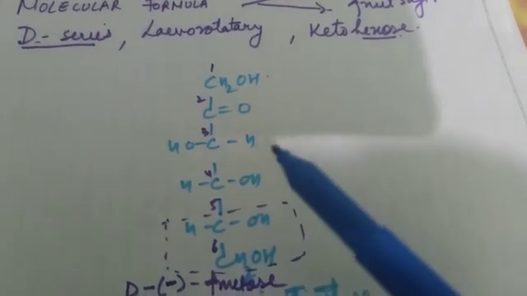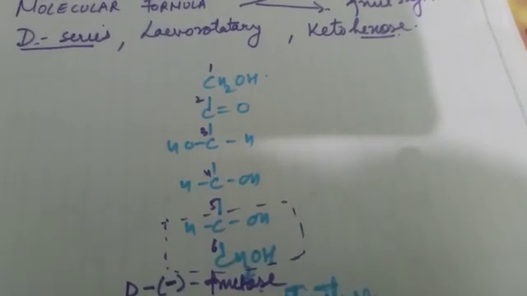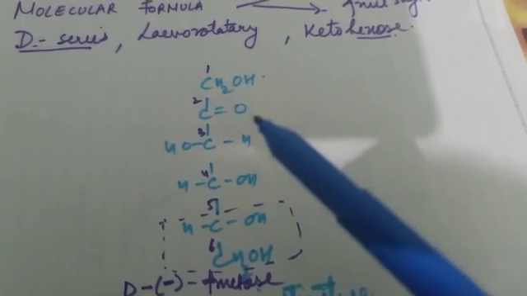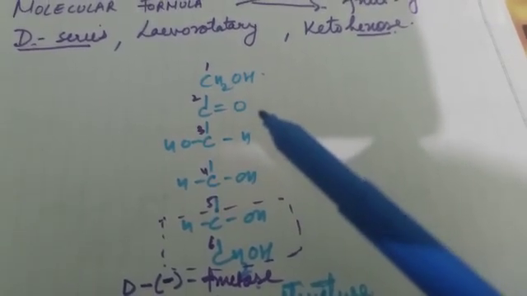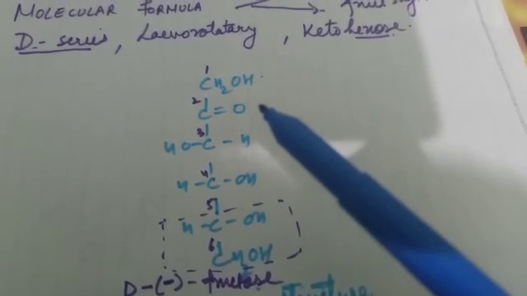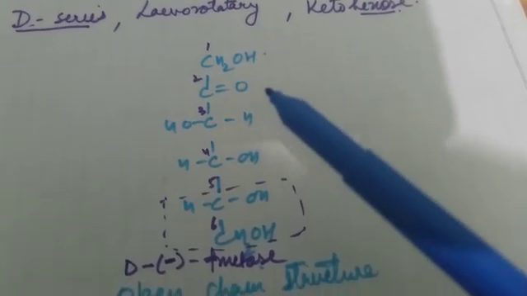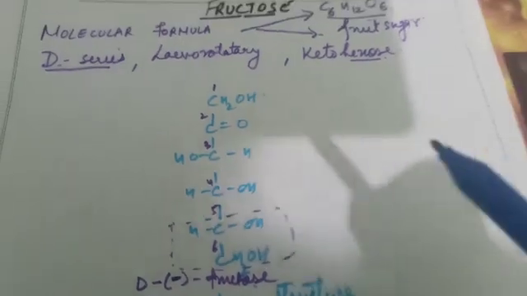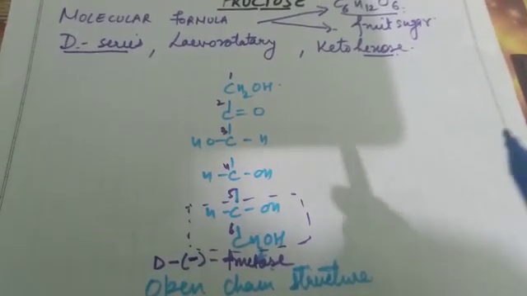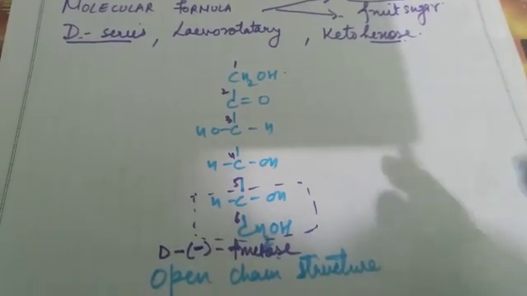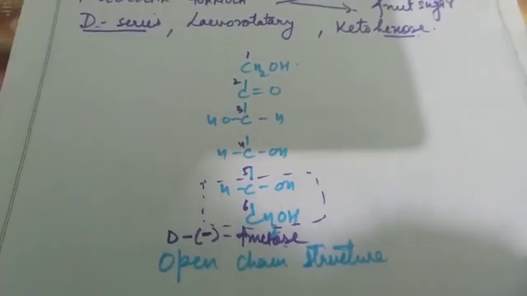Now a ketone can never be at the terminal, so that's why it is at carbon 2, and you remember we always give the lowest locant to the functional group. That's why it is carbon number 2. So in short, it is the sweetening agent obtained from vegetables and fruits, and this is the open structure of fructose.